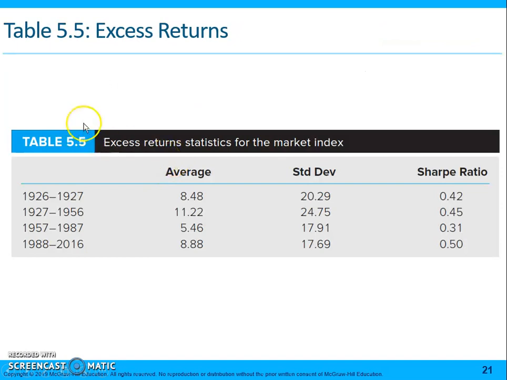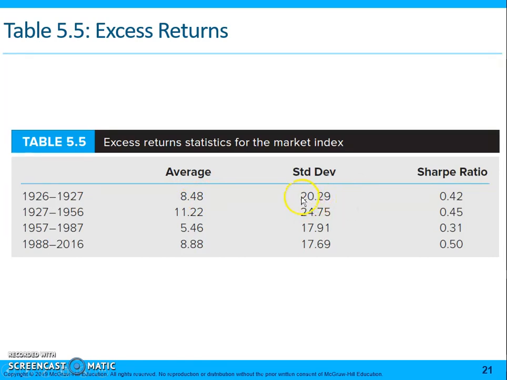So table 5.5 shows the excess returns on the market index and shows the average, the standard deviation, and the Sharpe ratio. So the average excess return for the market index, 8.48% from 1926 to 1956.